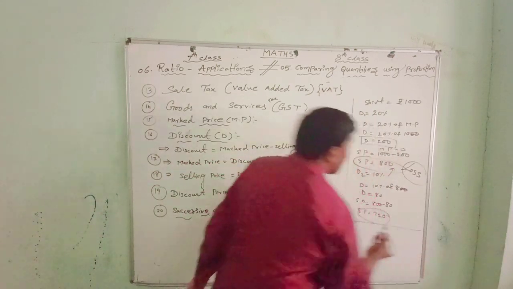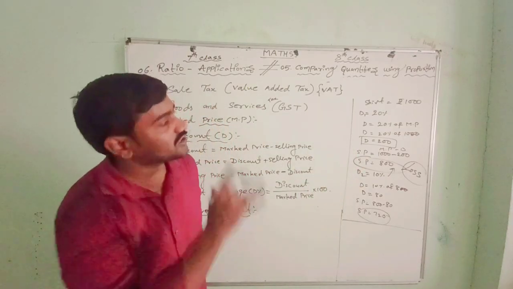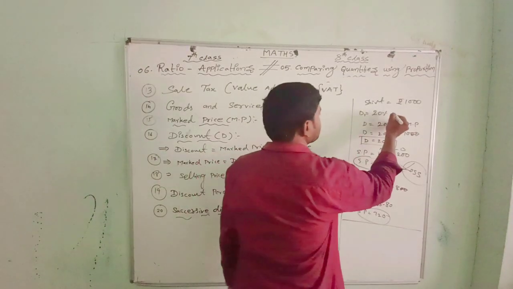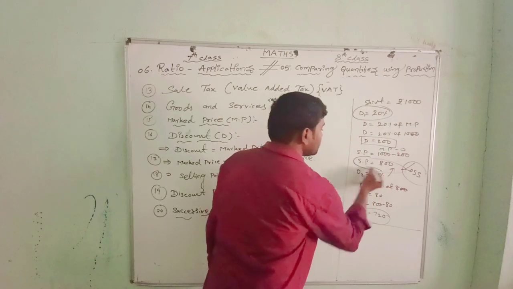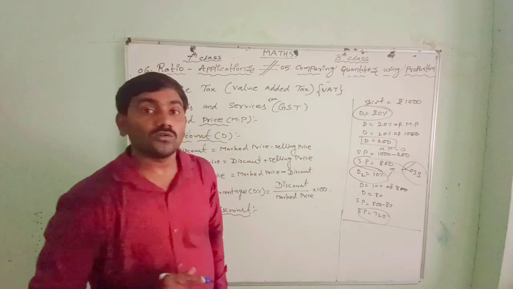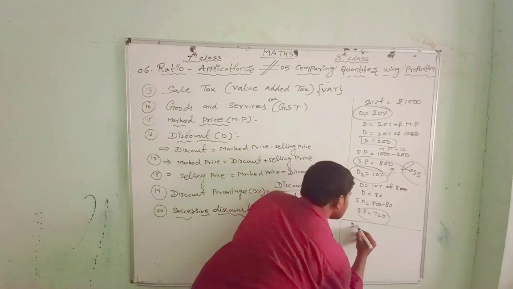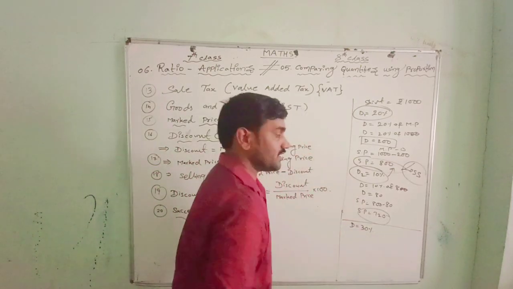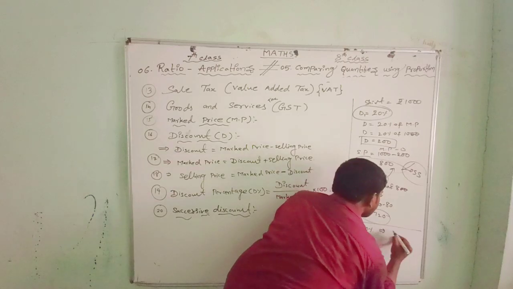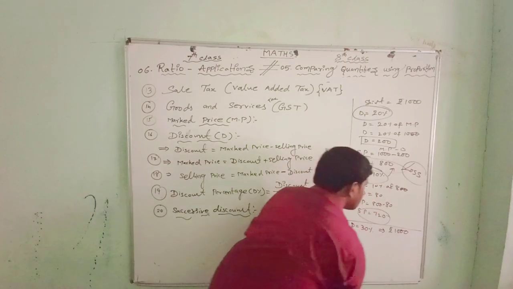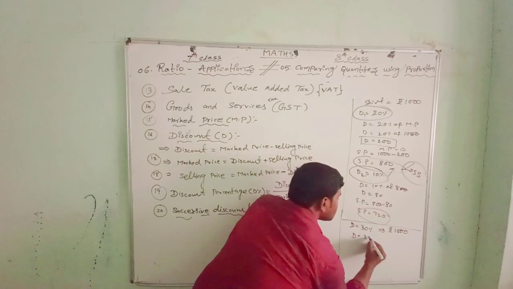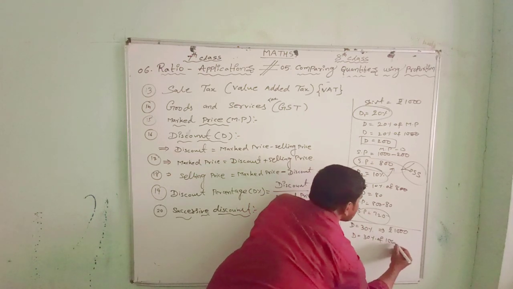How much discount are you getting in total? First 20%, next 10%. Total, 30% you have to get. So let me calculate. The discount is 30% on 1000 rupees. Discount equals 30% of 1000.